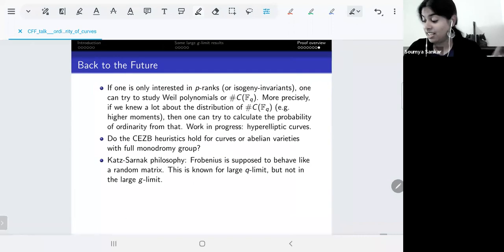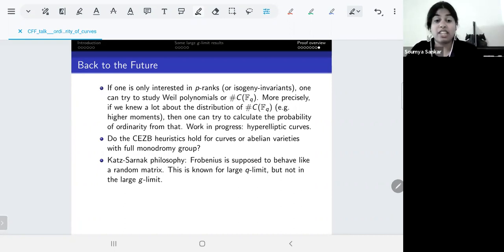There's that. You can also ask, do the Cohen-Lenstra, Ellenberg, Venkatesh, Westerland heuristics hold for curves or abelian varieties with full monodromy group? As I said before, these curves have large automorphism groups, and so maybe you don't want to consider those.